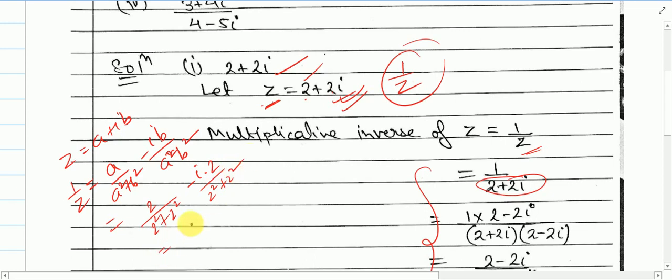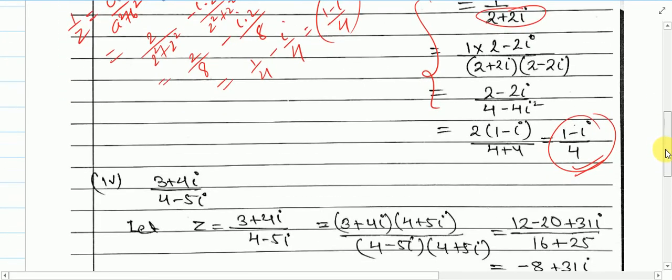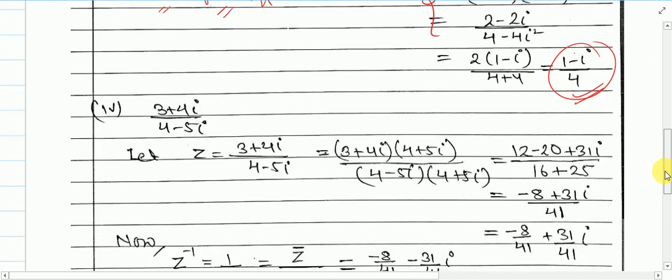So you get 2 by 8 minus i into 2 by 8, so you get 1 by 4 minus i 1 by 4, which is 1 minus i by 4. So you can use the formula straight away and you can get your answer.